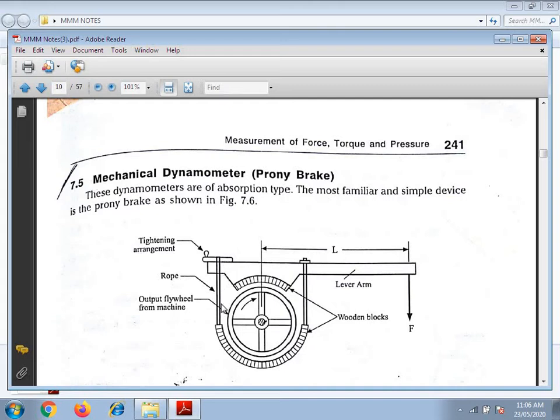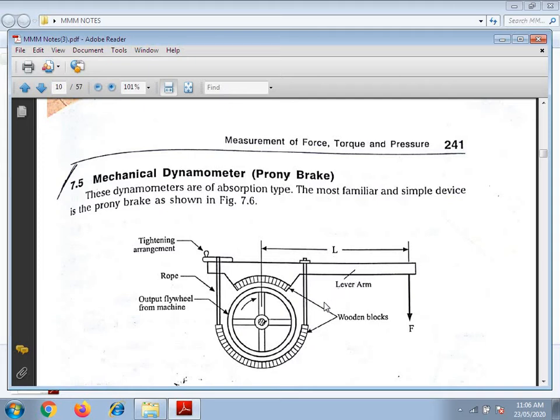This is a rope. This is the flywheel from the machine, and these two are wooden blocks. This is the lever, and this is the force. The length from the center of the wheel to F is L.